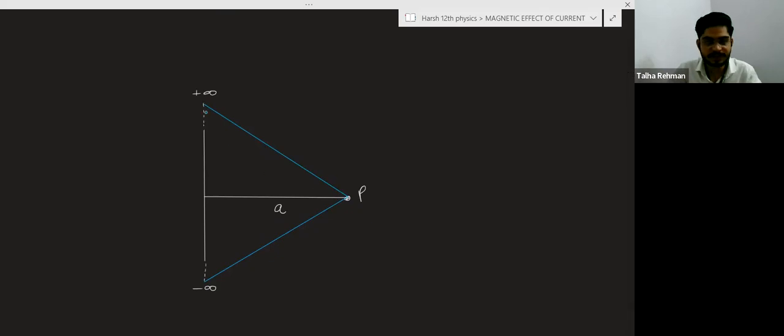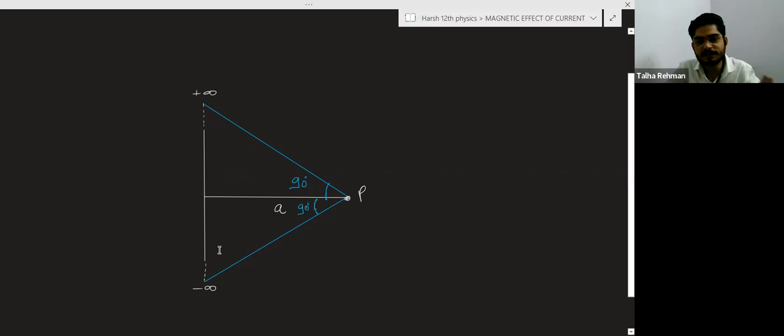When the length of your wire becomes infinite, this angle will become 90 degrees. If this wire is very large, then with respect to its length, this distance A is very small.